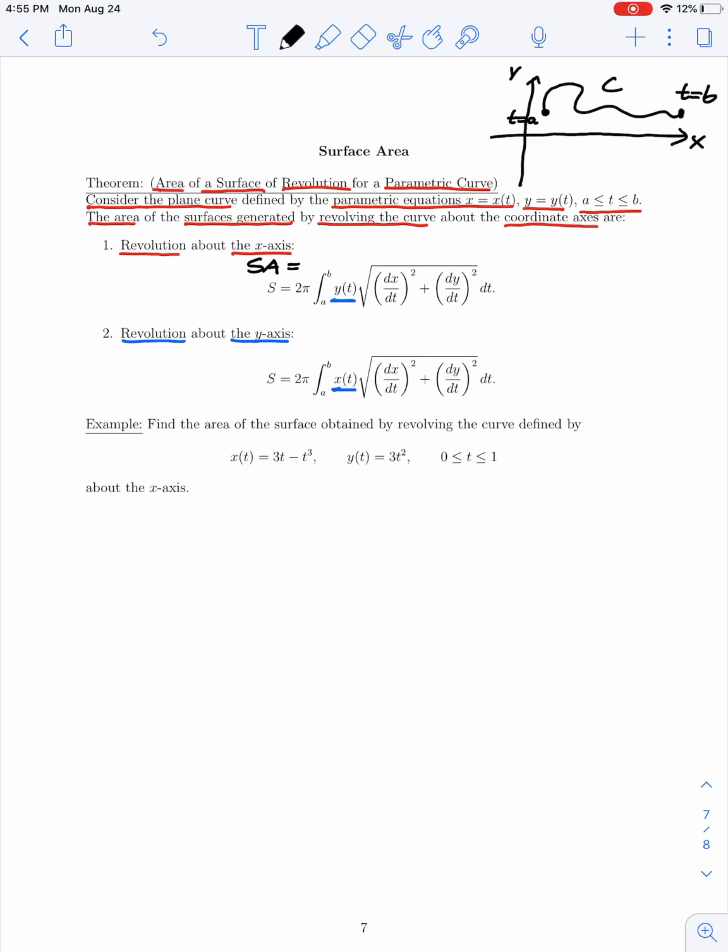And let's say that we take that curve and we revolve it about the x-axis. So we would be tracing out a surface. Let me see if I can give a rough sketch as to what we would have.